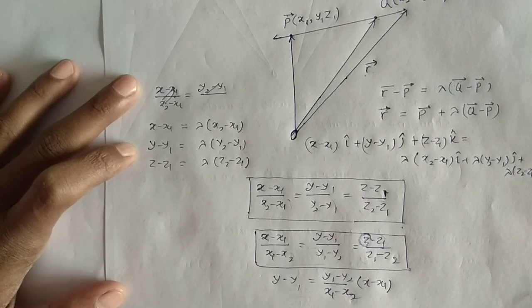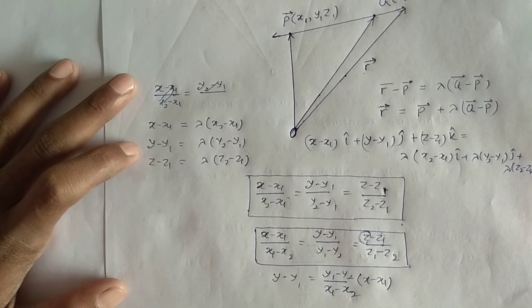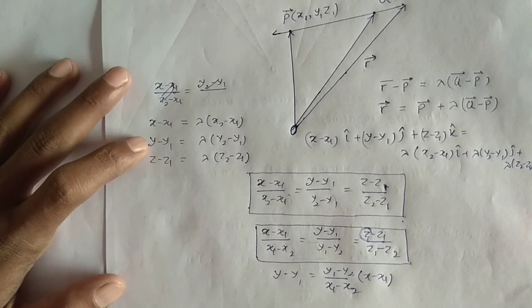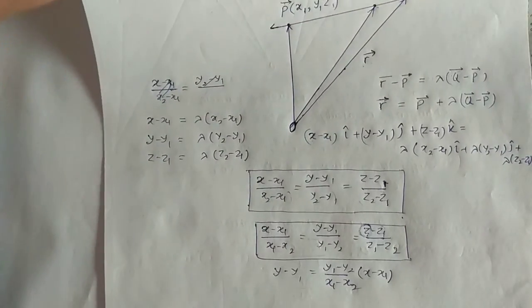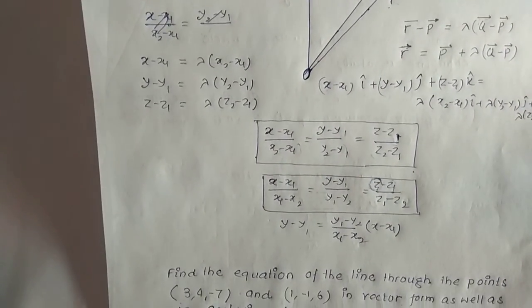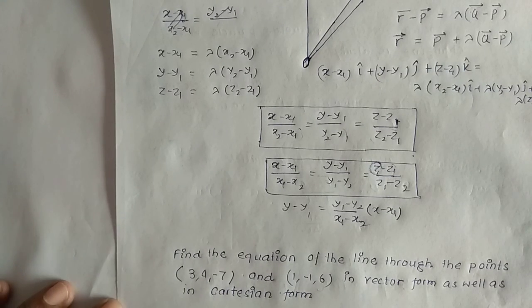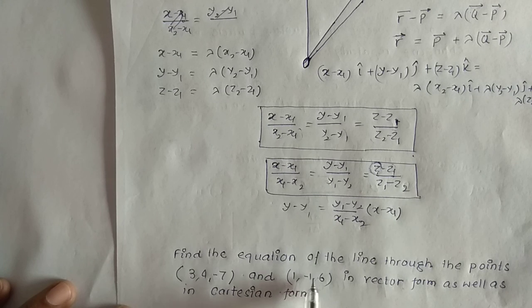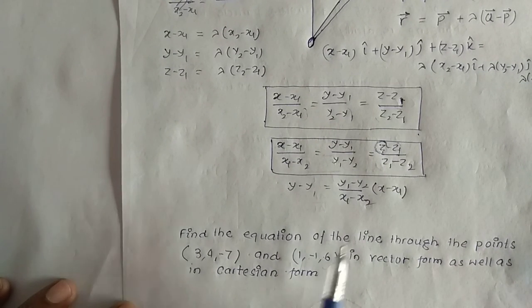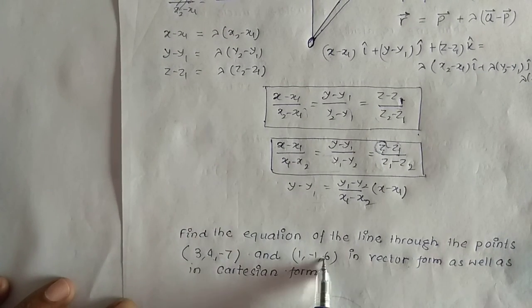For clarity, we are taking some examples just for you. Suppose we have to find the equation of straight line which is passing through two points like this and this. These are the points through which a line passes, and we have to find the vector and the Cartesian equation. Here suppose this is treated as vector p, and this is q.